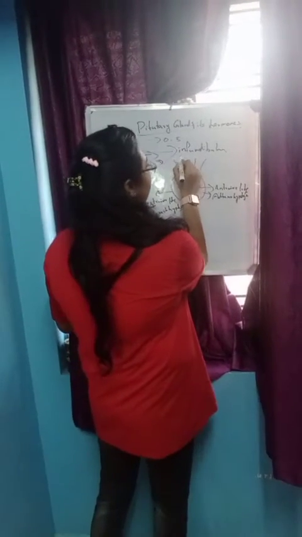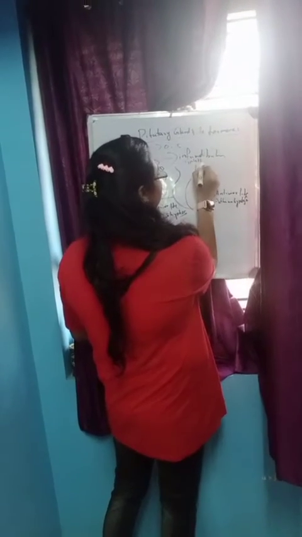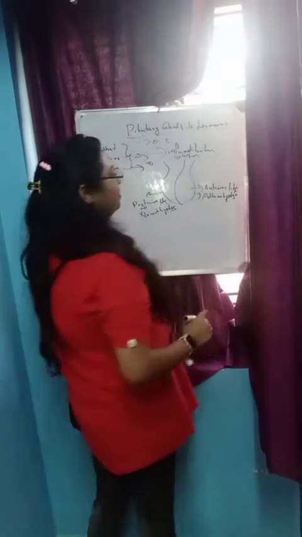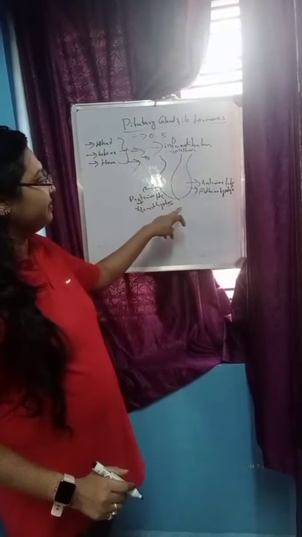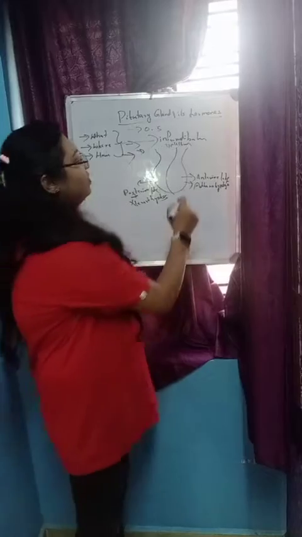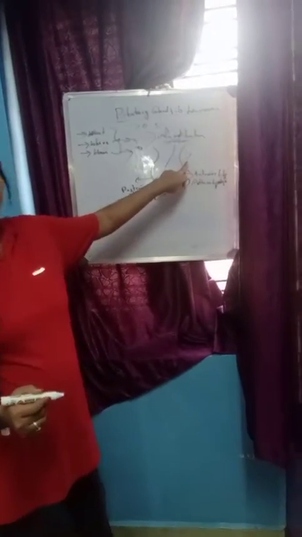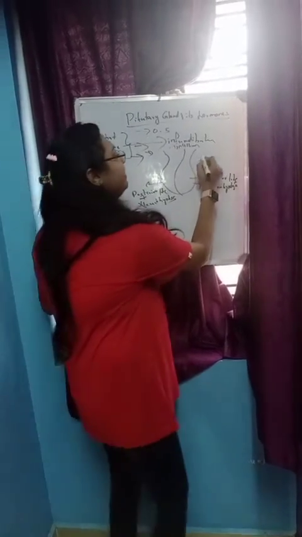So here is the hypothalamus. And in the intermediate of these two lobes, there is another lobe that comes in CET and NEET questions, that is the intermediate lobe.